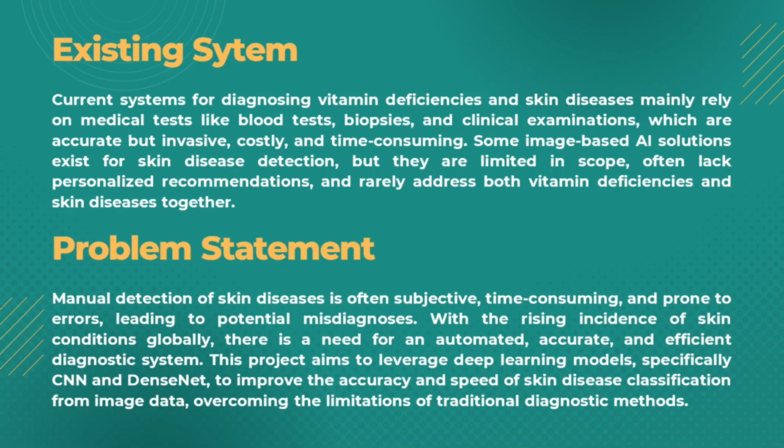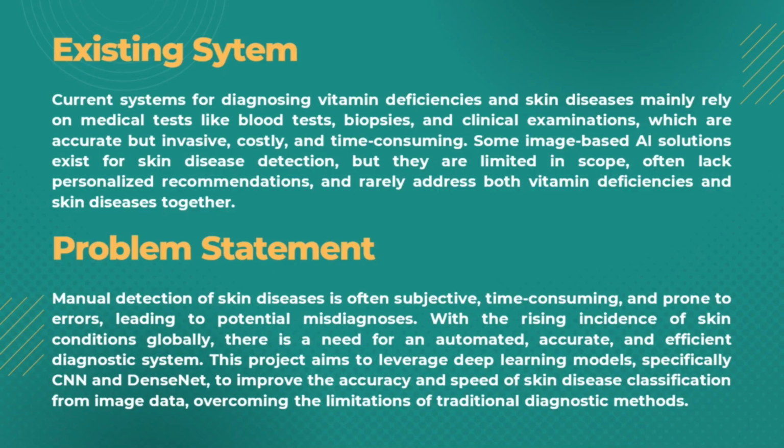The problem statement: manual detection of skin diseases is often time consuming and prone to errors, leading to potential misdiagnosis. With the rise of skin conditions globally, there is a need for early-stage diagnosis.